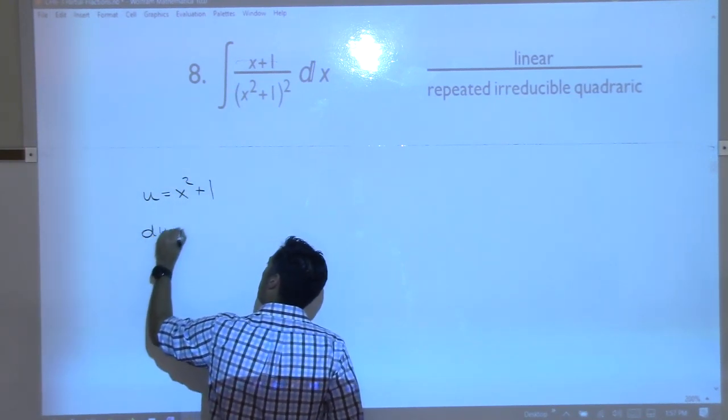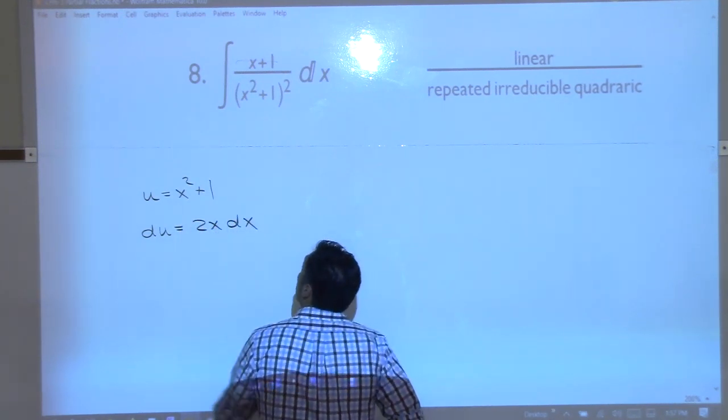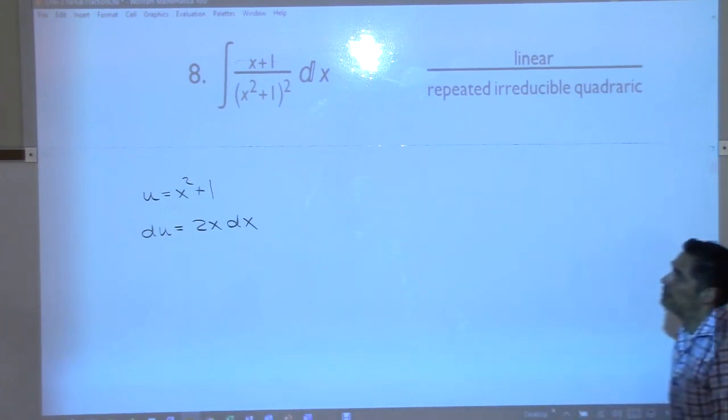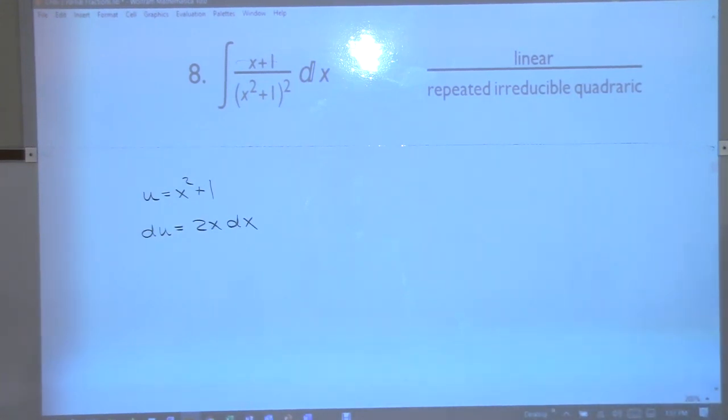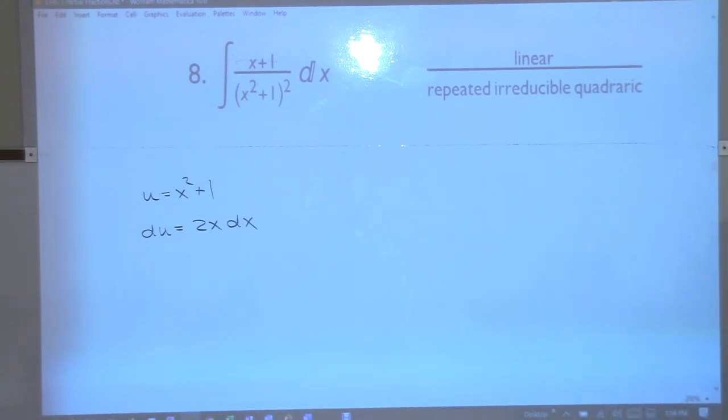Then du would be what? 2x dx. We don't have 2x dx up top, do we? Since we don't, let's try and make the top look like the derivative.